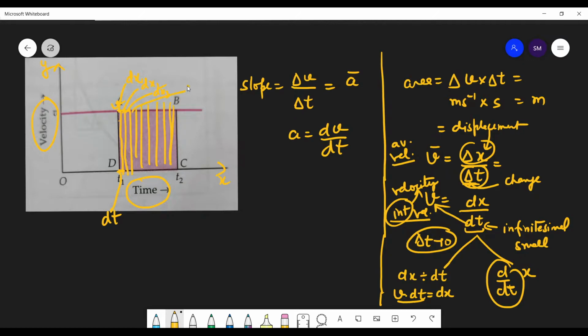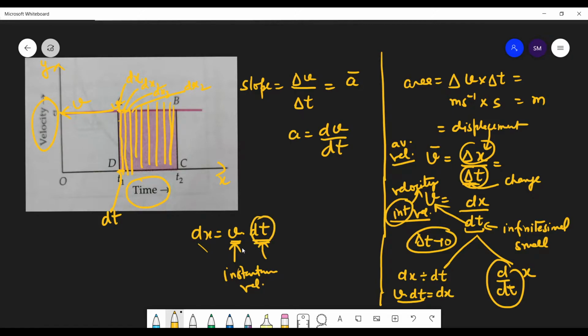Again area of a rectangle dx4. So you are multiplying them with velocity. V is constant. So here also in the formula you can see dx is equal to v into dt. So v is constant, right? And you are taking a small change of time. So this v is instantaneous velocity. What is it?